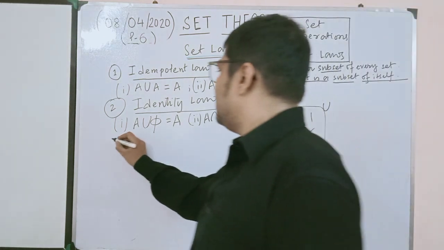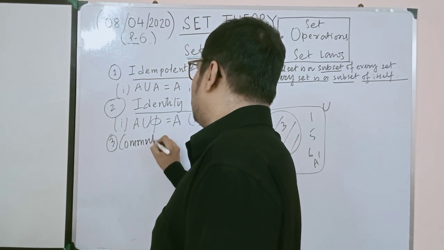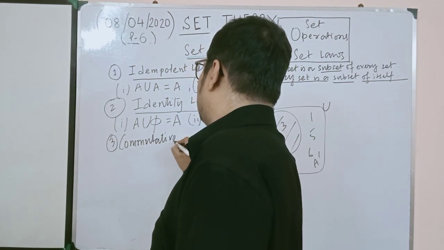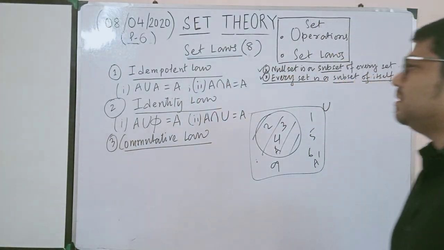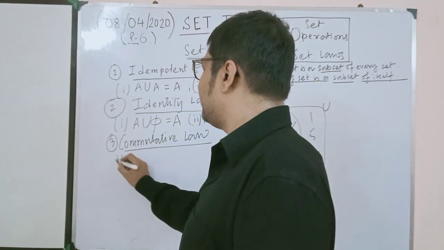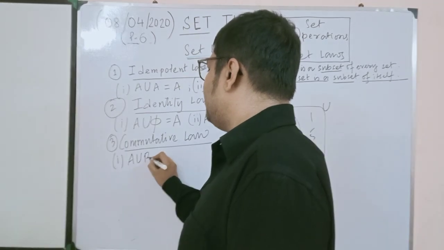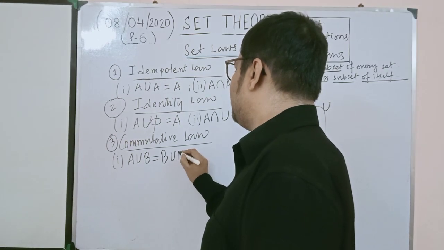Now number 3 is the commutative law. The commutative law is about union between two different sets where you change the order. You know what commutativity means.